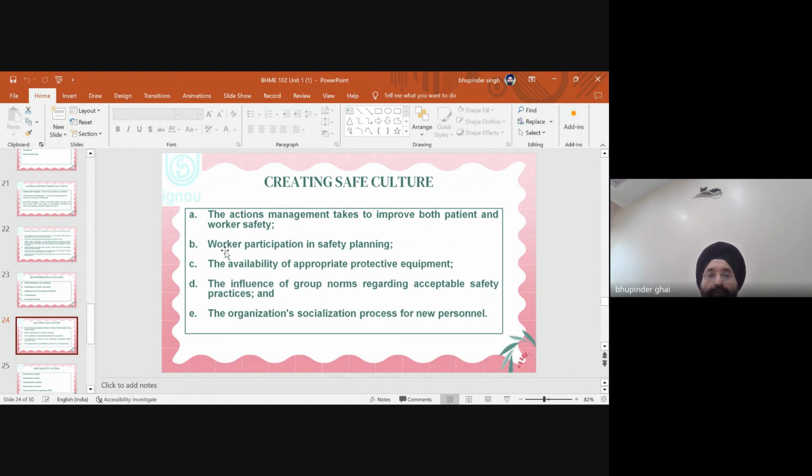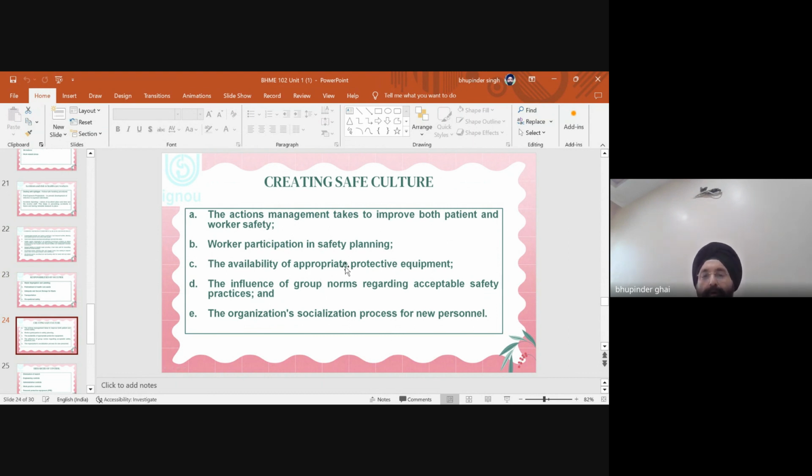You should ensure that the workers participate in the safety planning. They should visit the workplace and tell about the hazards which they are facing and how to mitigate those hazards. So in all safety planning, workers should be involved.